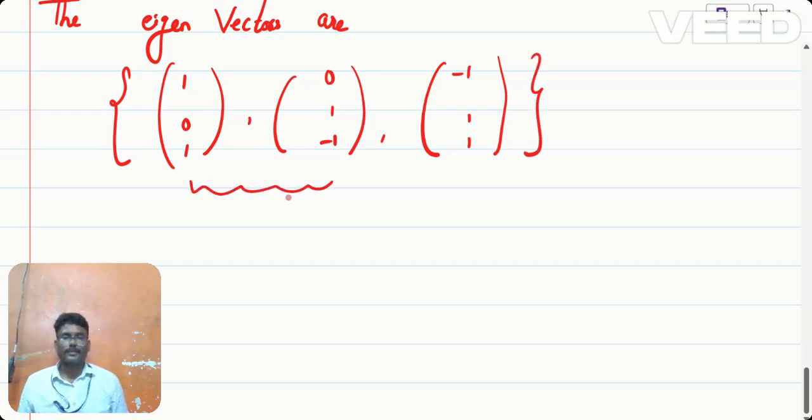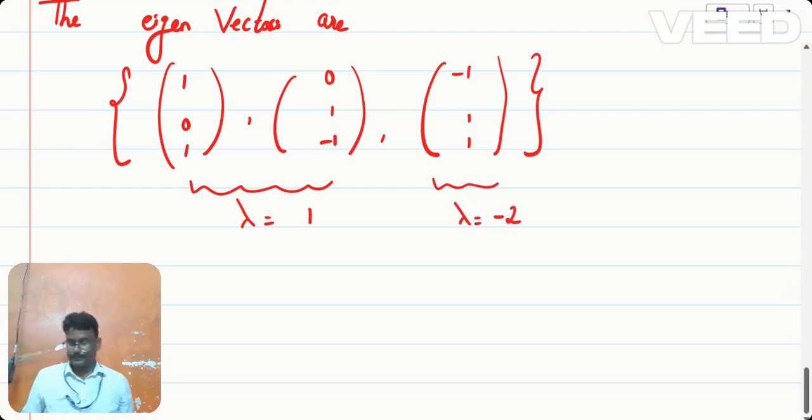The first two eigenvectors came from lambda is equal to 1, and this one came from lambda is equal to minus 2.